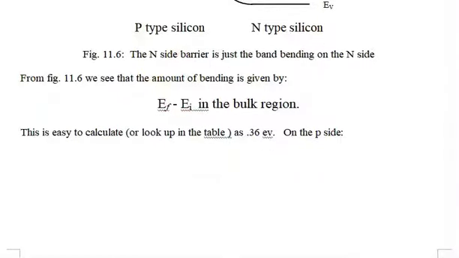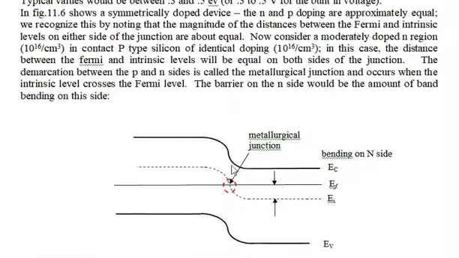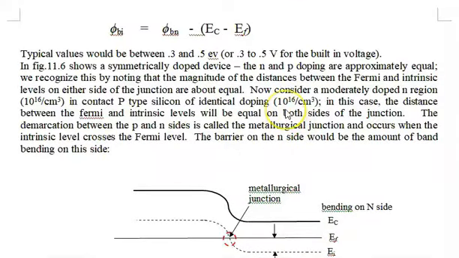Okay, so let's do an example. We dope both sides at 10 to the 16th per cubic centimeter.